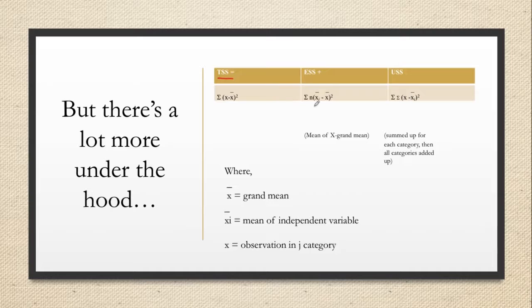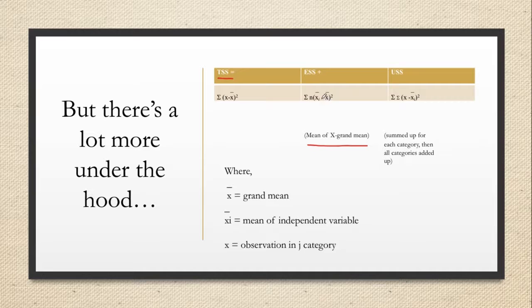For the explained sum of squares, and I try to write this over here in the bottom, you're basically looking at the sum, right? Summing up the mean of x and subtracting it from the grand mean. Okay, so what is the grand mean? The grand mean is the mean for all of the data points, irrespective of the independent variable. So all of the observations thrown in there create a grand mean.